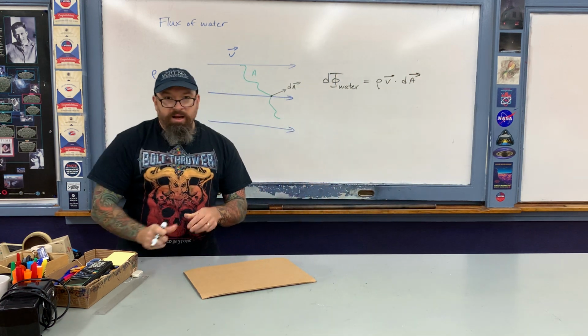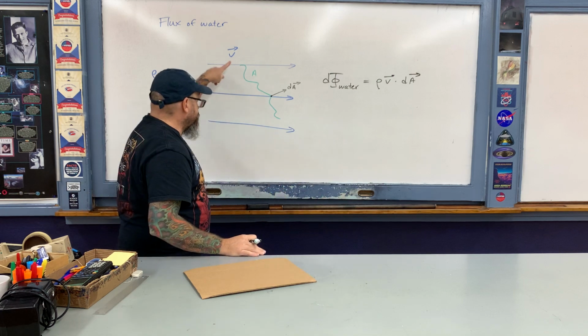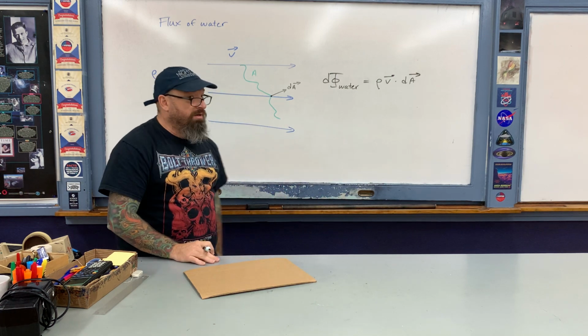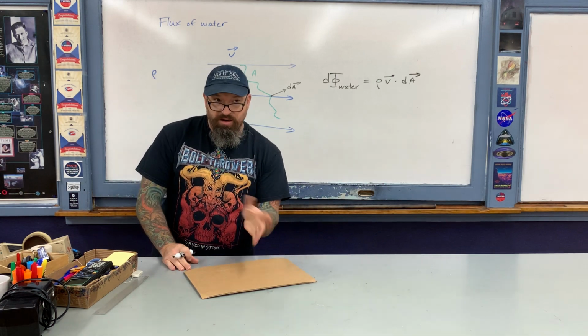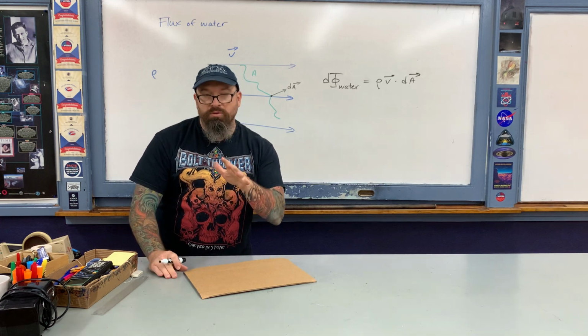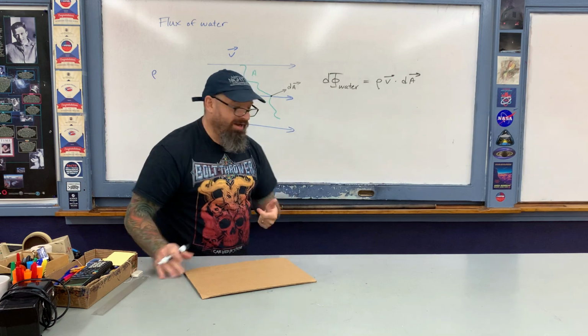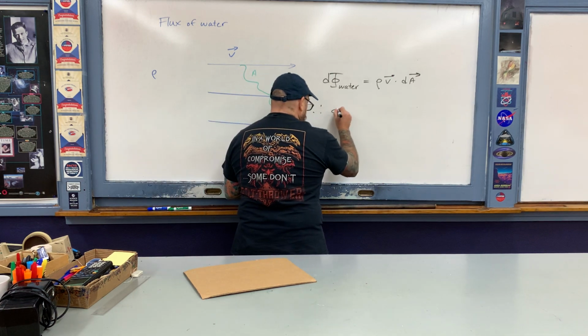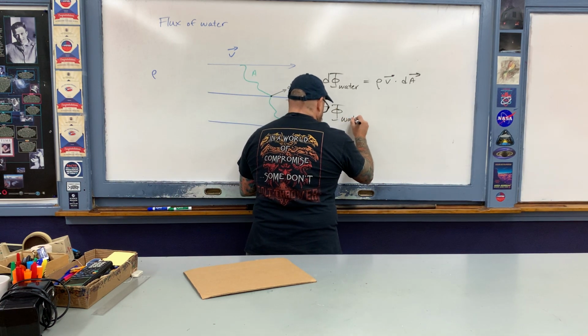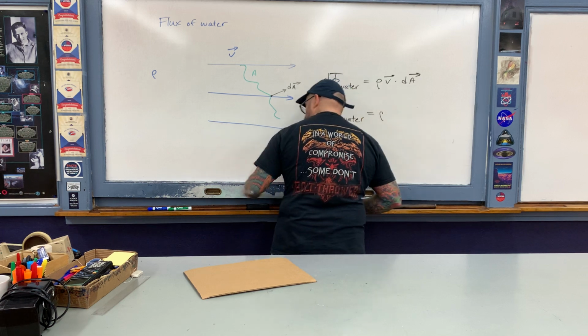Like so. And then of course to get the entire flux through this green area that I've drawn here, we would have to integrate all of these infinitesimally small area vectors dA.